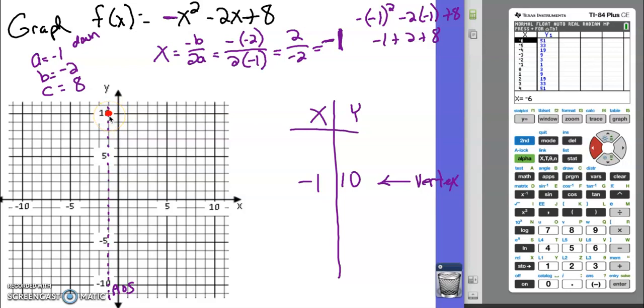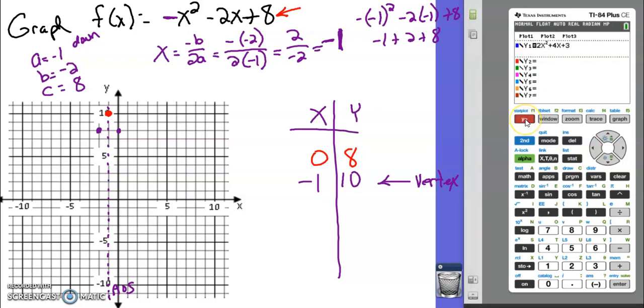And that's my vertex. Now, what we want to do also, if you notice the positive 8, that is my y-intercept. So I know 0, 8. Right off the bat, I know that's 0, 8. And I'm going to reflect it over, automatically reflect it over. Now, one of the good things to do is to always find the zeros. So if I want to find the zeros, I want to plug in another number, like 2 or 3 or 4, and I want to find where they cross at.